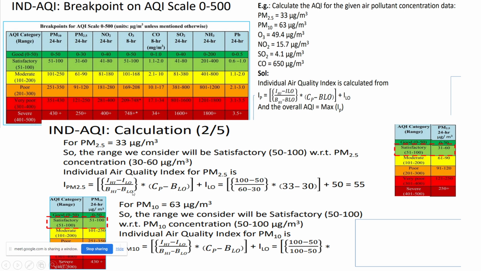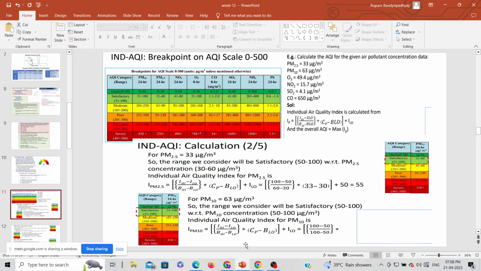So the higher and lower limits are taken, and C_P minus B_LO. C_P is given as 33 and B_LO is the lower level breakpoint concentration, the minimum, which is 30. I_LO is again 50. If you calculate this, you will get 55.